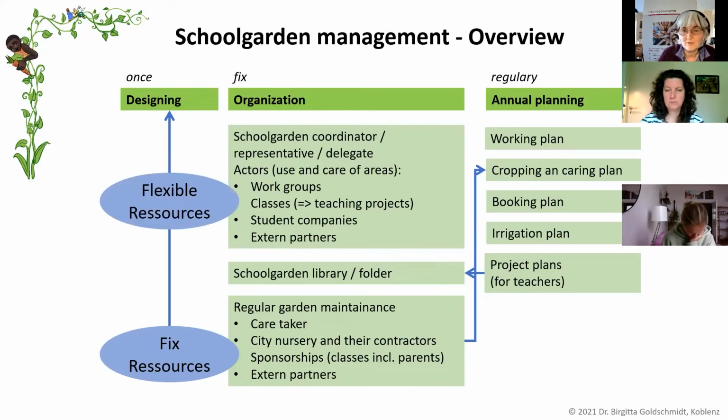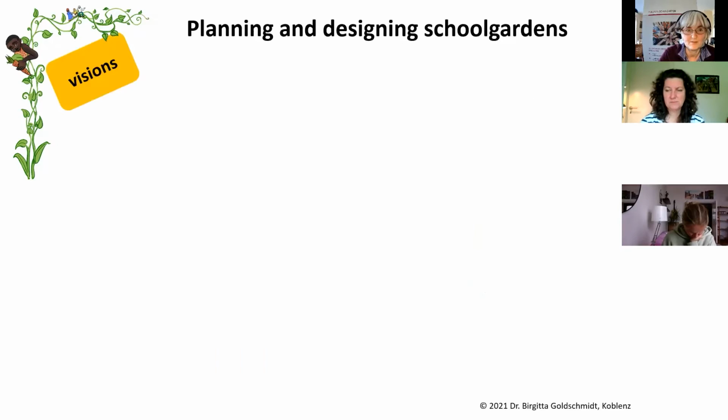And you have some flexible resources, and you have to consider both in the stage of designing and planning the garden. If you begin to plan a garden, you must be aware of the fixed resources you have, and you can anticipate or plan with the flexible resources, and this has an effect on the way of planning your school garden.